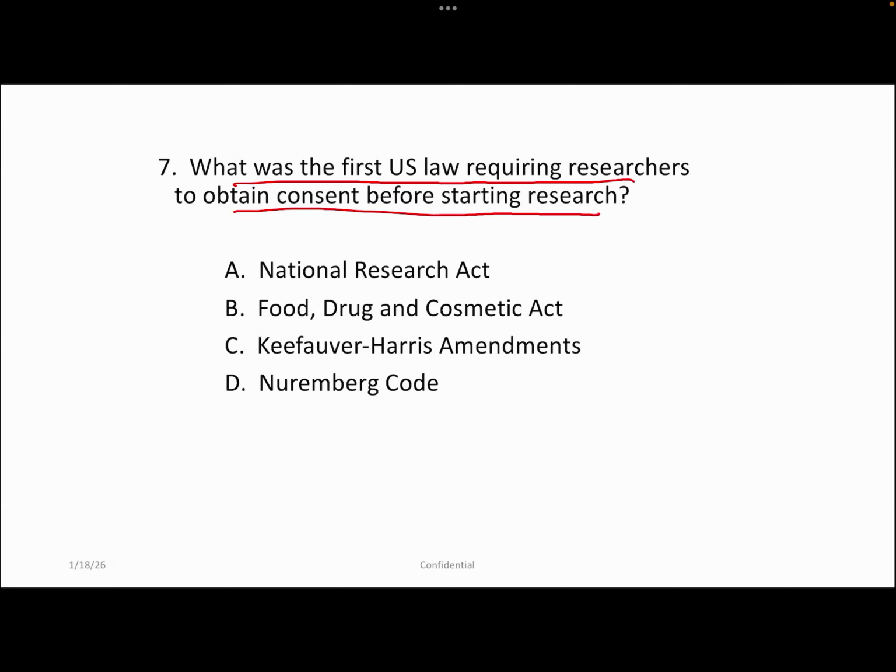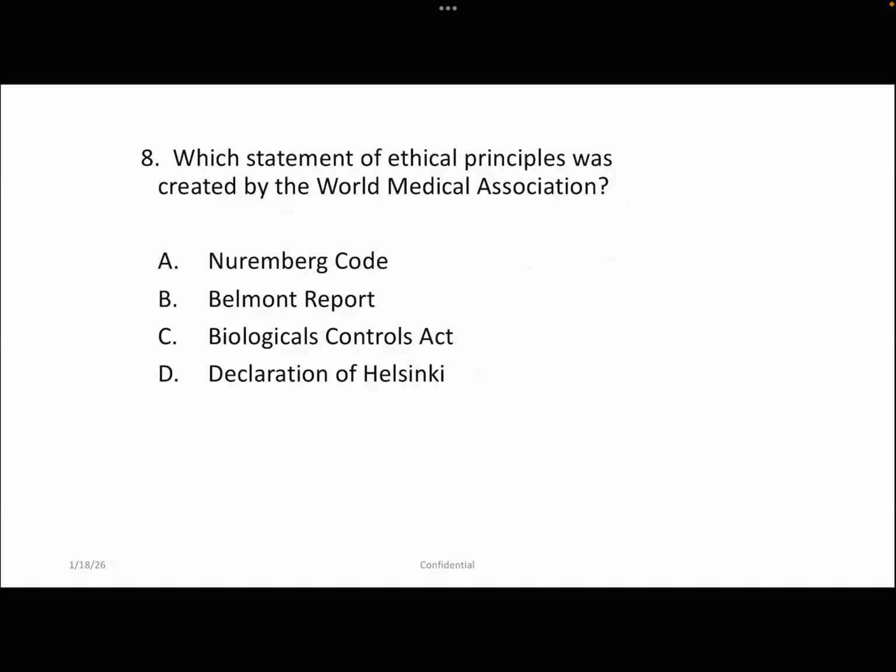But something had happened, the thalidomide tragedy, and then the amendment came in. This should be the more correct answer. The National Research Act also emphasized informed consent, but it's more for ethics committees. This amendment became a law because of the thalidomide tragedy. That is the difference. It's a little confusing, but it's okay.